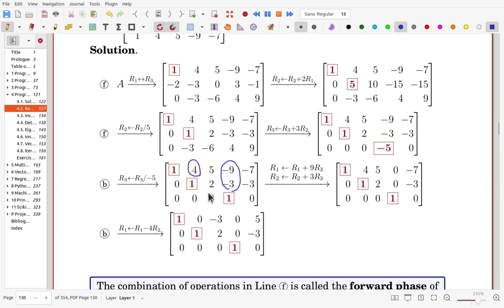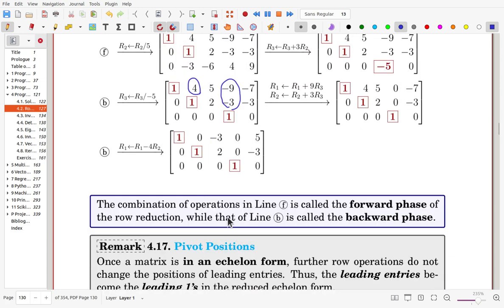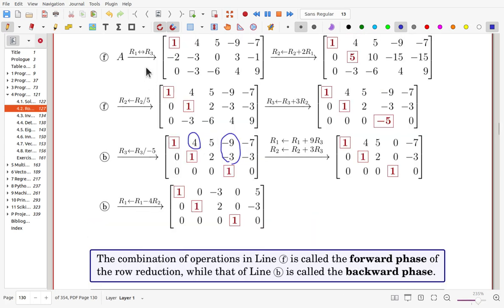Right? Okay. Now let's see the combination of operations here. This is the forward phase of row reduction. First, using this pivot, we try to eliminate this one, and by using this pivot, we eliminate this one.